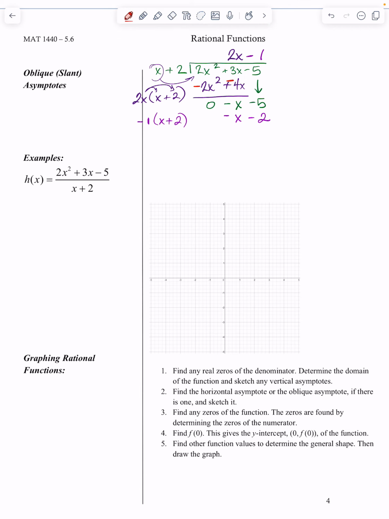Again, I am subtracting them both, so subtracting a negative makes this plus x plus 2. Negative x plus x is 0. Negative 5 plus 2 is negative 3. So my remainder is negative 3 over x plus 2.